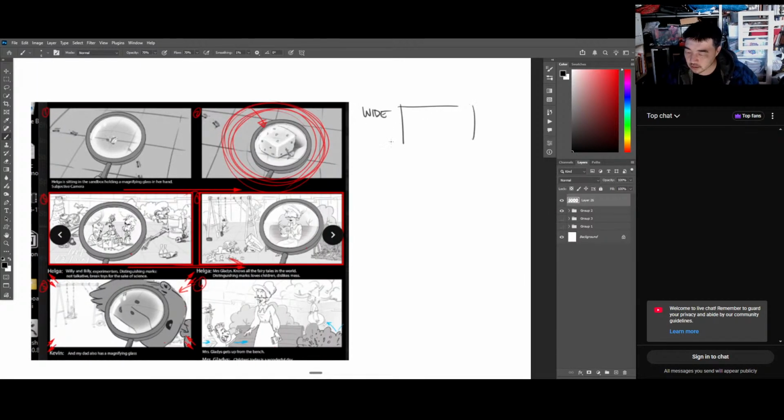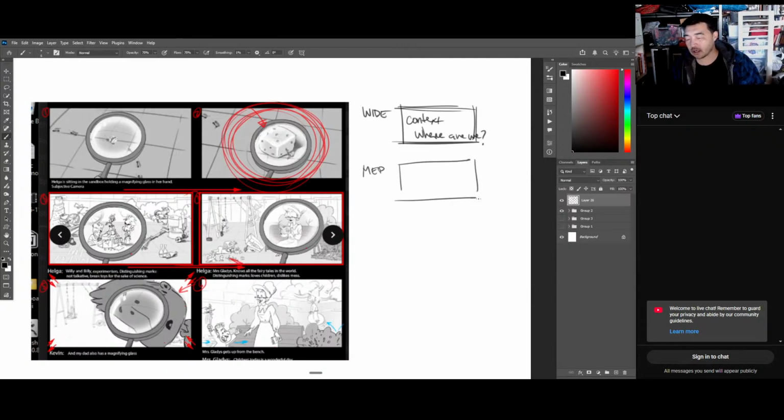Your wide shot is showing you context. It's giving you where. Where are we? And then you have your medium shot. Your medium shot gives you more body language.